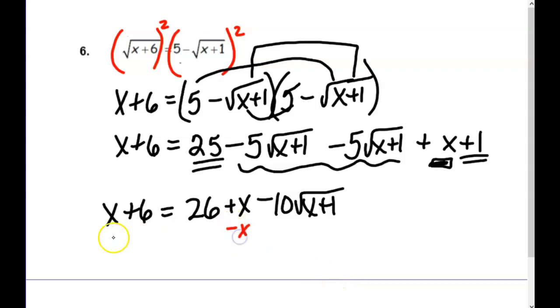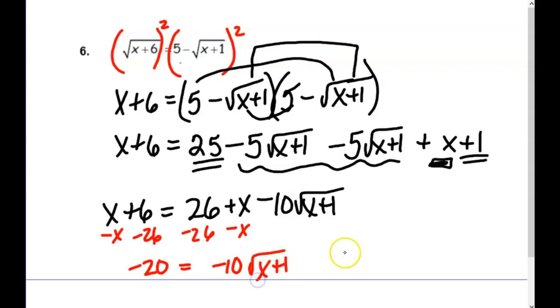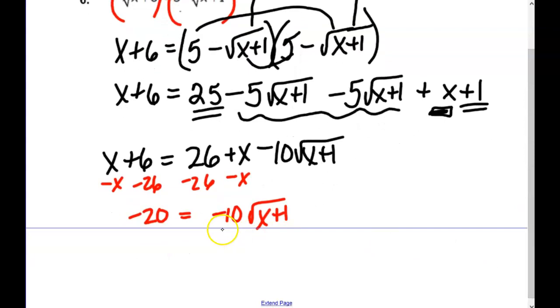Subtract an x. Subtract the 26. Then divide by that negative 10.